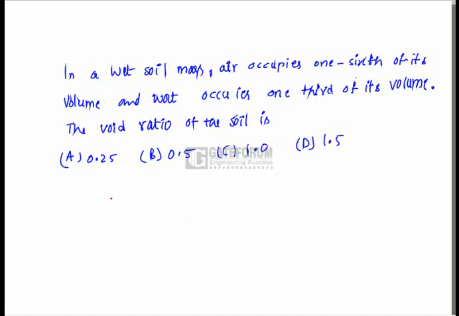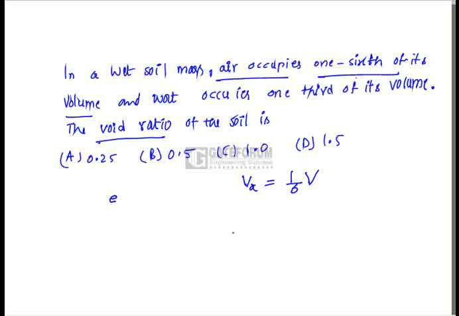We have to find out void ratio e. The data that was given is air occupies 1/6 of its volume. Volume of air is equal to 1/6 of its total volume. Volume of water is equal to 1/3 of its total volume.